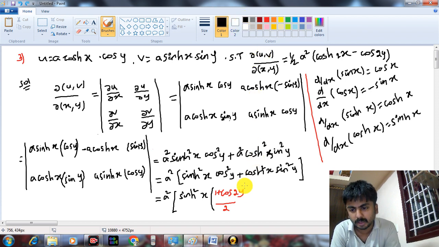In the same way we have a formula for sin square also.